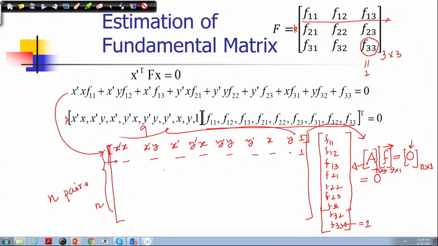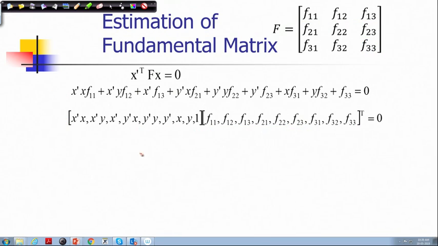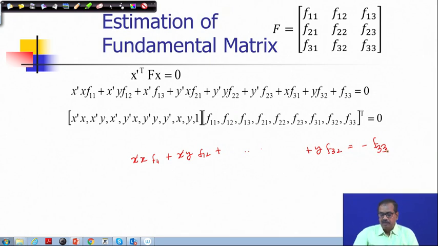Let me rub this part. Once again, I can write this equation as x prime x f11 plus x prime y f12, and so on. These are the coefficients, all these values, up to y f32 equals minus f33. This is the equation, and f33 is set to 1.